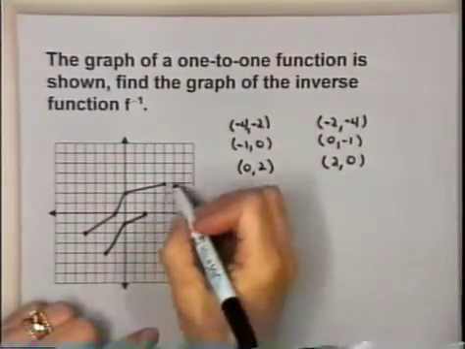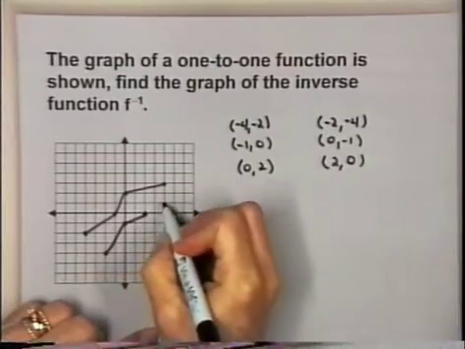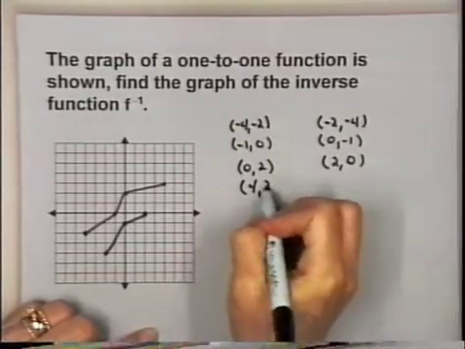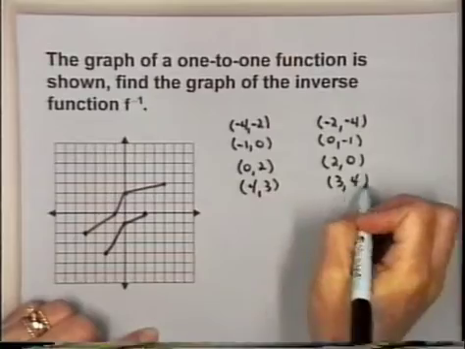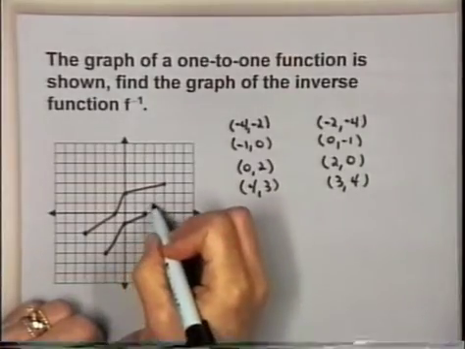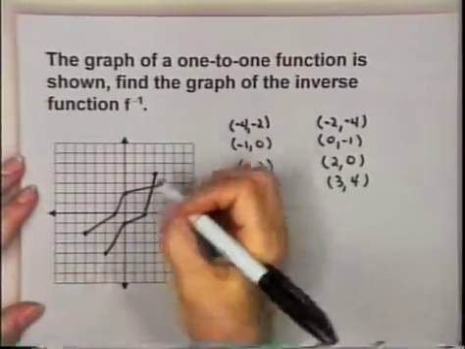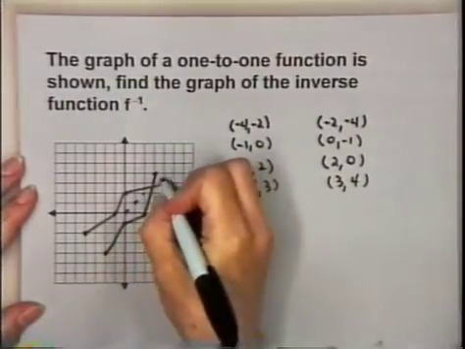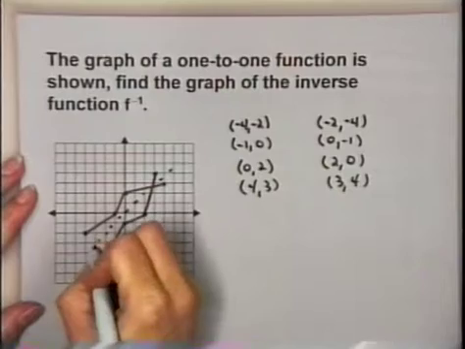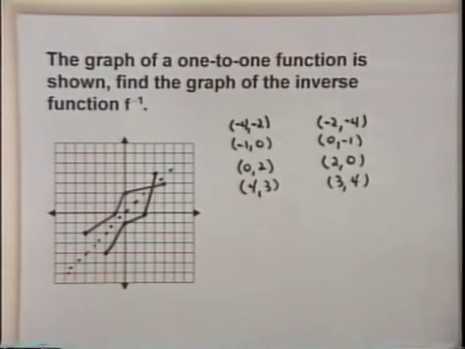This point, 1, 2, 3, 4, 1, 2, 3, 4, 3. So reversing, I get 3, 4. Connect those. Now, do you see when I dot in this y equals x that I do have that symmetry to that y equals x line?